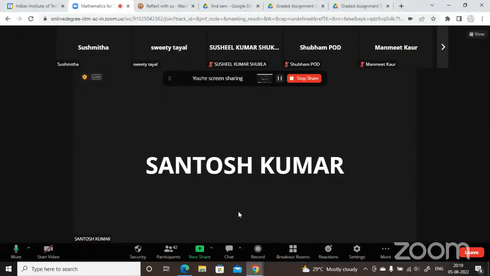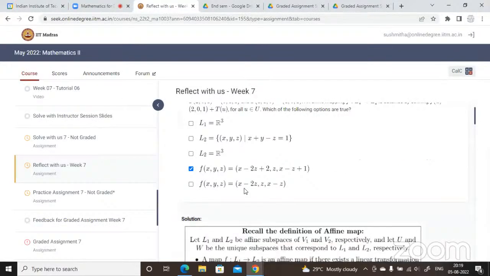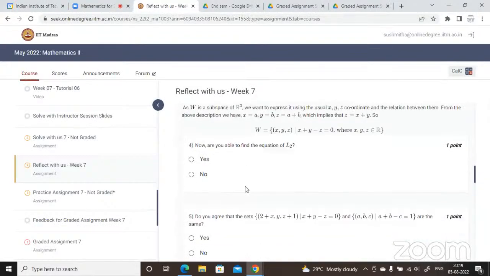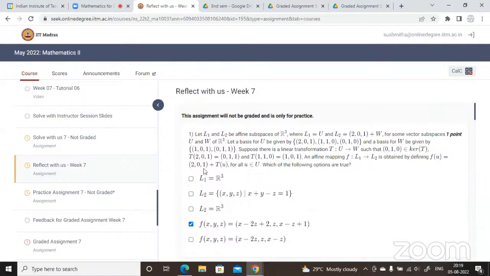Okay, any other doubts? So here in this question, that point is given. It's given that f of u is (2, 0, 1) plus t of u. So all that you have to do is find out t of u.